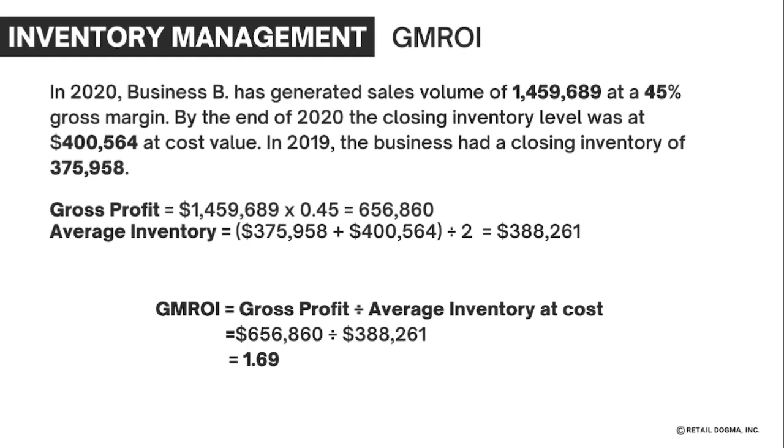So gross profit equals 656,860 and GMROI equals 656,860 divided by 388,261. That's 1.69. So every dollar invested in inventory returned $1.69.